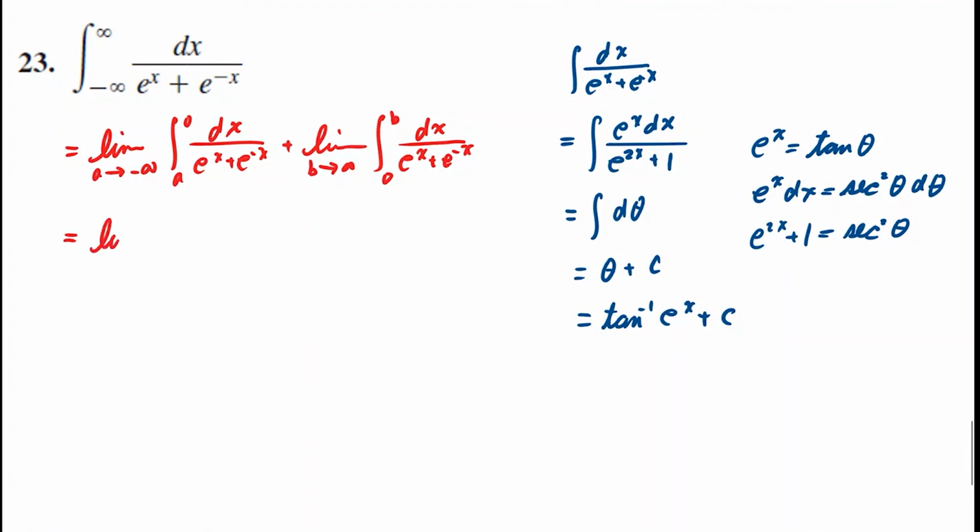Now we plug it in here and we can use it. So we continue here. Limit. See, this two-column approach has worked out really well for me over the years. So I highly, highly recommend it because your notebook is usually wide enough, right? So you can have this kind of work going back and forth. Okay, so the limit as a approaches negative infinity of our antiderivative, inverse tangent of e to the x, from a to 0.